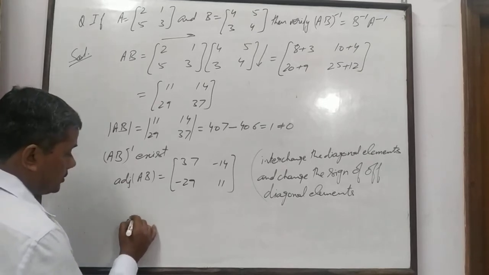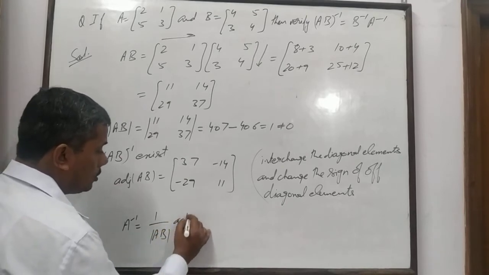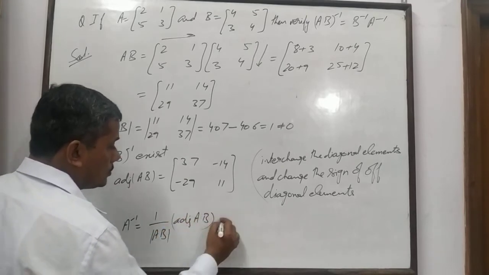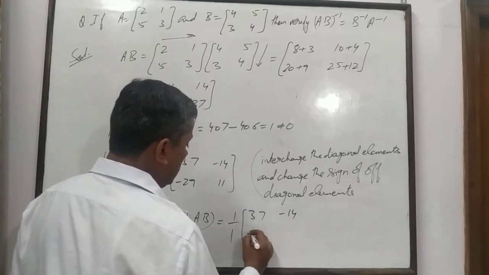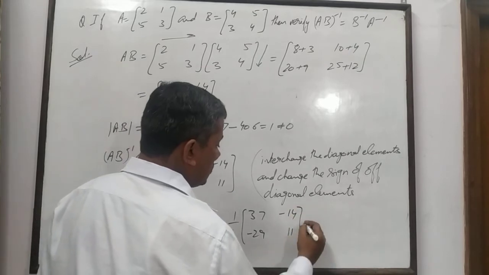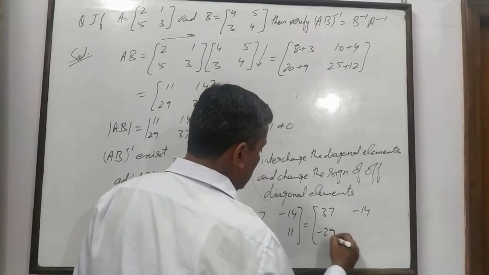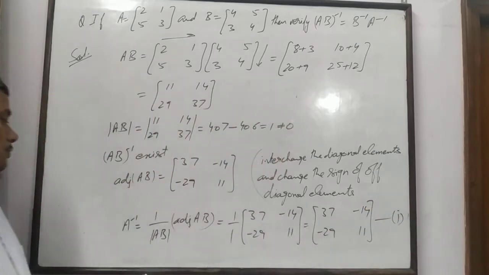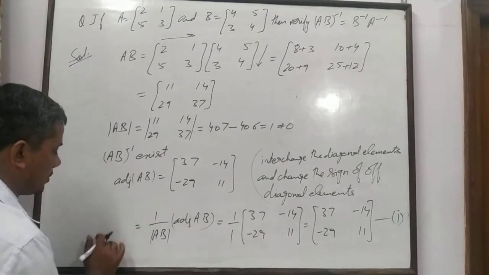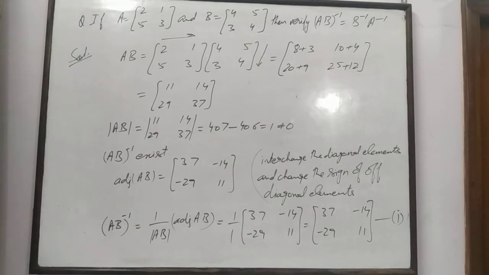So what about (AB) inverse? (AB) inverse is 1 upon determinant of AB into adjoint of AB. So this is 1 upon 1 into [37 -14; -29 11]. So it will be [37 -14; -29 11]. Mark this as number 1. So we have found (AB) the whole inverse. Now let's find out B inverse into A inverse.